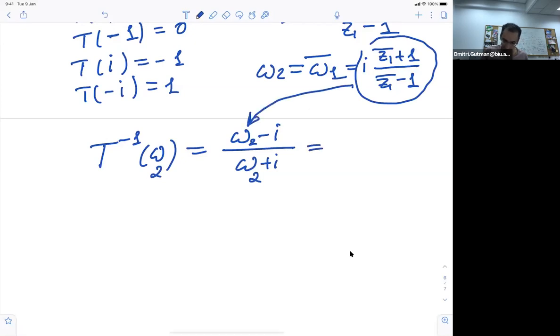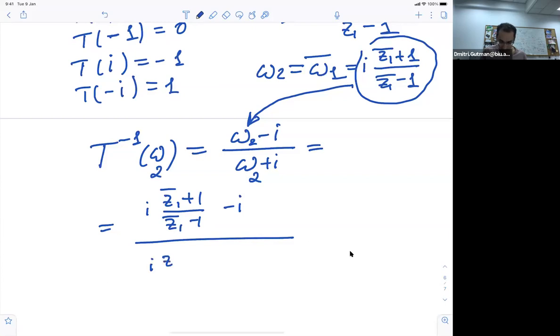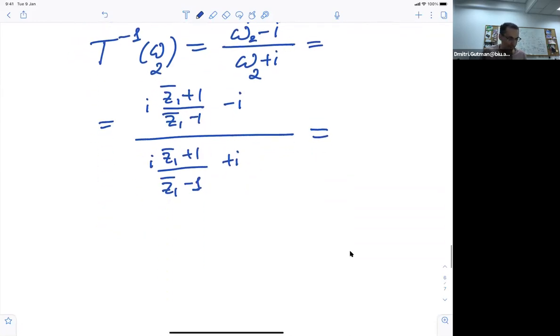So I get I times (Z1 conjugate plus 1) over (Z1 conjugate minus 1), minus I, over the same expression plus I. And now I simplify this expression, and I get that this is 1 over Z1 conjugate.